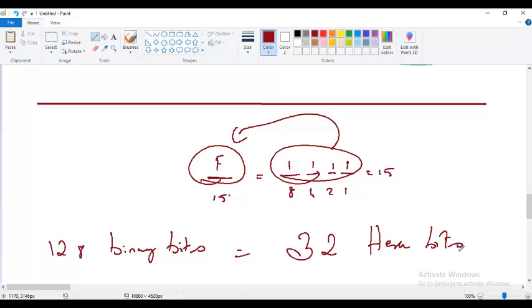Okay. Now what they did is, this 32 hexa digits, if it is continuous numbers, it will be difficult to understand and use. So again, this 32 is grouped into 4s. 1, 2, 3, 4, 5, 6, 7, 8. This is how it is grouped.